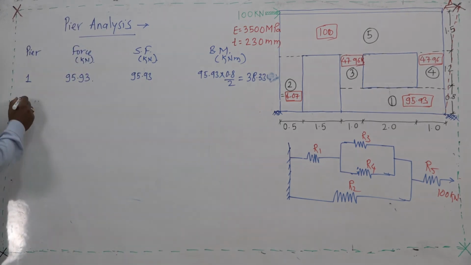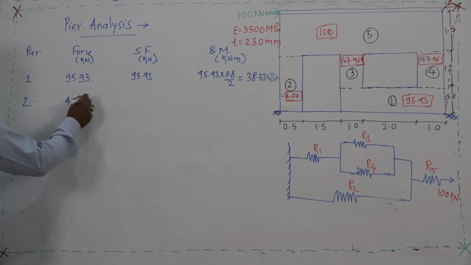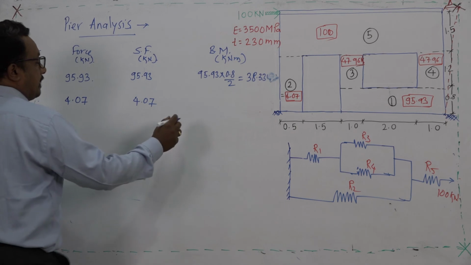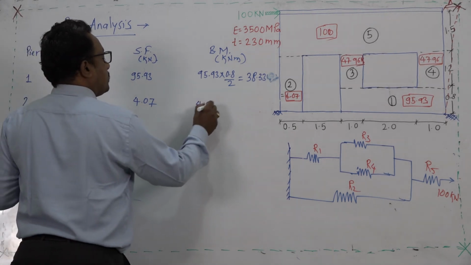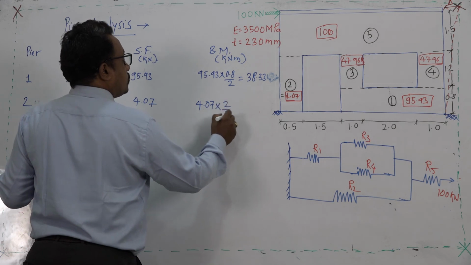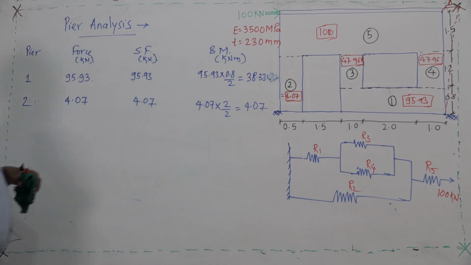For pier number 2, the force is very less, 4.07, the same will be the shear force, and the bending moment will be 4.07 multiplied by 2 by 2. So, it will be the same, 4.07 kilonewton meter.